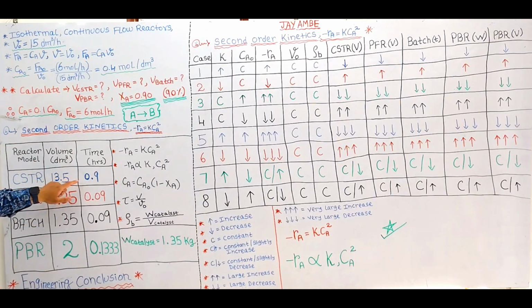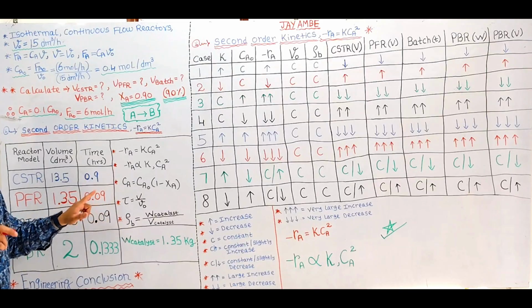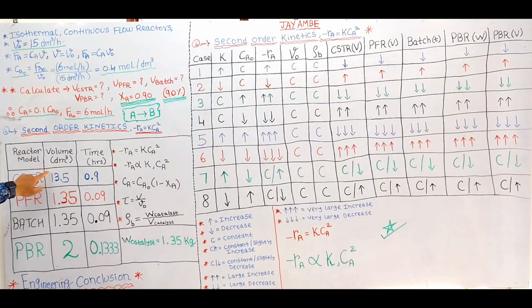The reaction time is 0.9 hours or 54 minutes here, and here 5.4 minutes of reaction time is required in order to achieve the desired conversion of 90%. So in the comparison of CSTR versus PFR, CSTR requires higher reactor volume and higher reaction time.